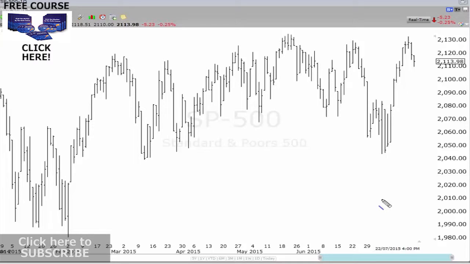Now, when you're looking at the chart, what we have is strong buyers, weak sellers, then we generally get strong buyers. Same if we have strong sellers, weak buyers, then we generally get strong sellers. So understanding this formation is very, very crucial to show you what's actually happened in the market.